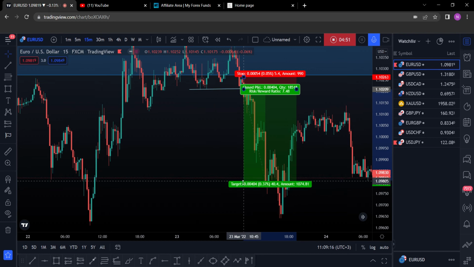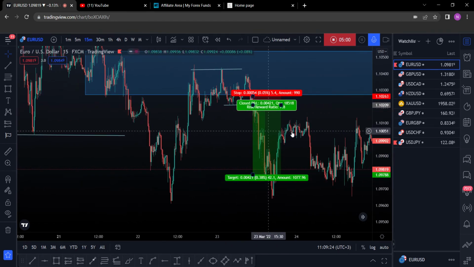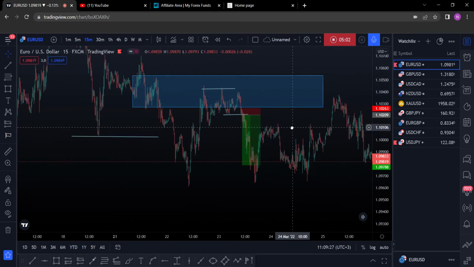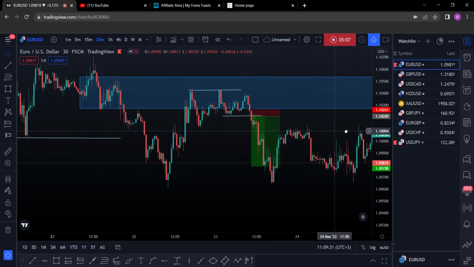I got out at around this area. I was risking 2% on this particular trade. So that's how we banged Euro USD.